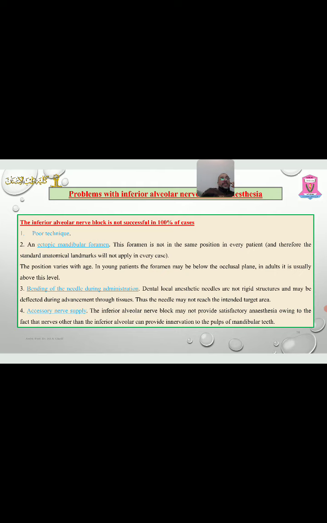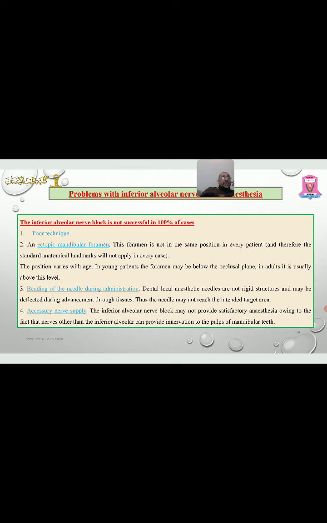Bending of the needle during administration. Dental local anesthetic needles are not rigid structures and may be deflected during the advancement through the tissues. Thus, the needle may not reach the intended target area. Accessory nerve supply.